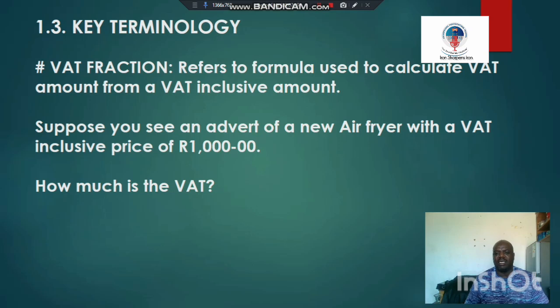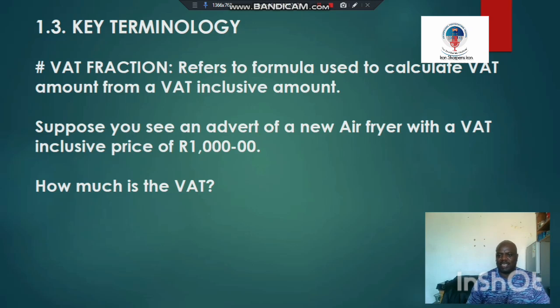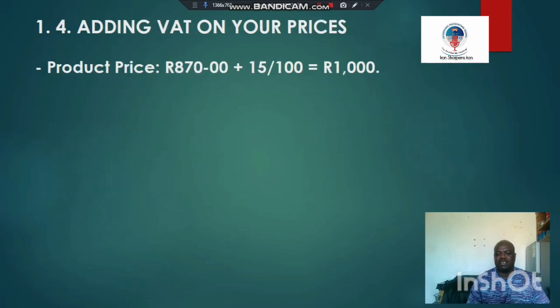You multiply by the price that you are charging, 1,000. It will give you 130. There's a slide that I missed there, but here you calculate 1,000 by 15 over 115. It will give you 130, which is the VAT included in the 1,000.